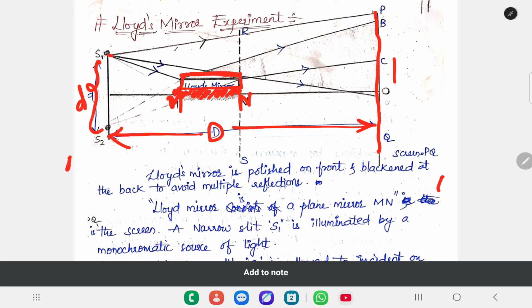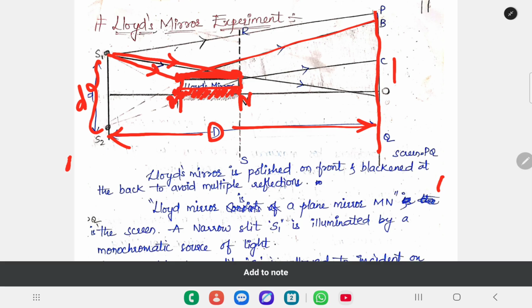So we are inserting the light at a grazing angle. That means not along the horizontal line of the mirror. Here we are inserting the light, so we can say it is at a grazing angle. Then it is reflected back like this.